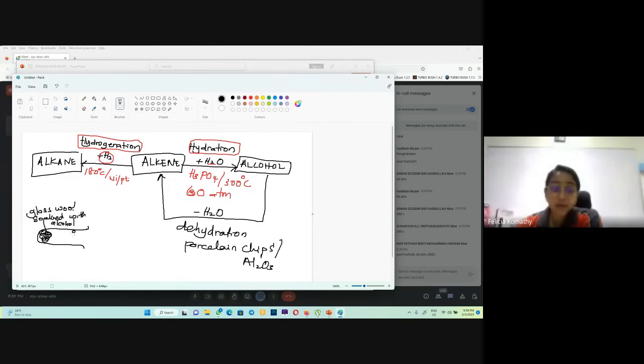In between, make sure you draw properly. You will arrange the porcelain chips. You will heat up the porcelain chips. Then you will deliver the gas into where?